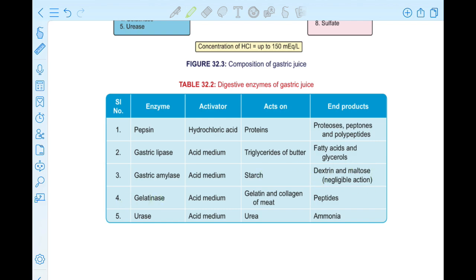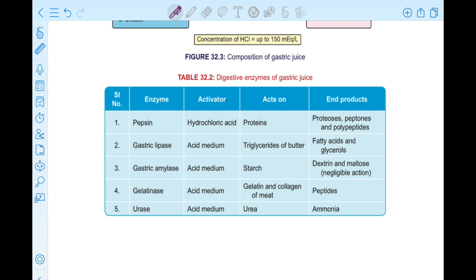Then we have gelatinase, which again acts under acidic medium, and it acts on gelatin and the collagen of meat. Our body, everything is made up of collagen. So it acts on the collagen, and the end products are peptides. And next is urease. Urease is activated by acidic medium and it acts on urea, and the end product is ammonia, which is released from the body. Okay, and there is also another enzyme that is present, that is renin.